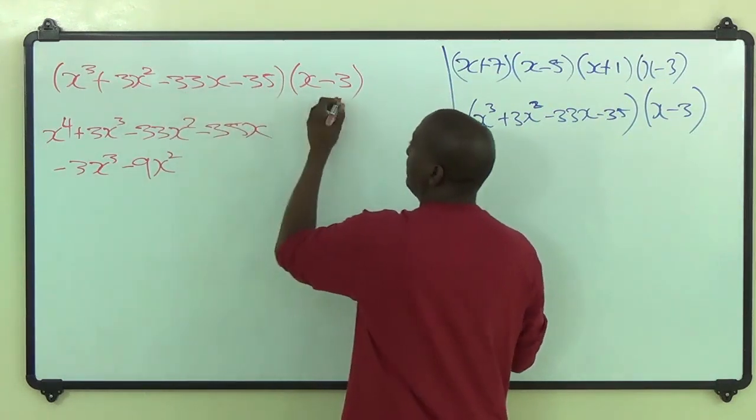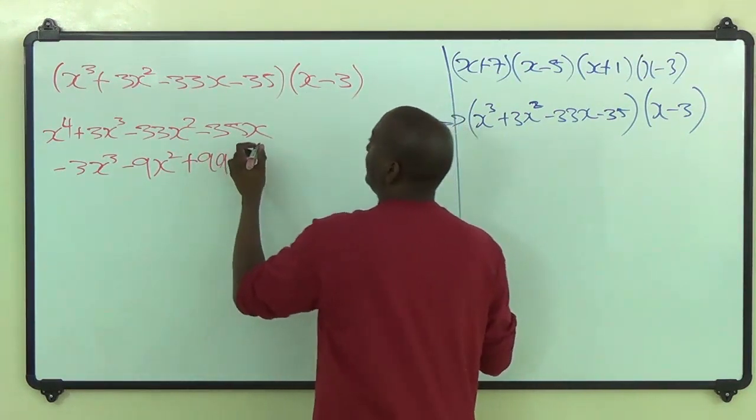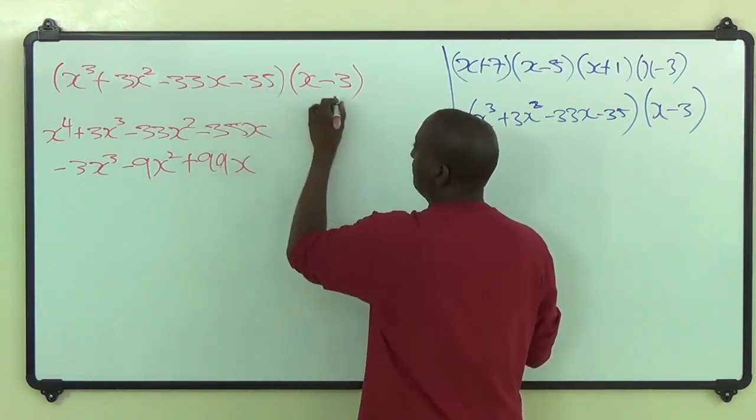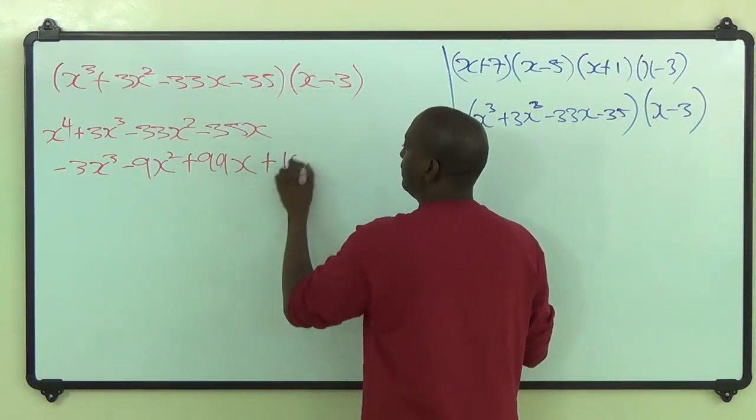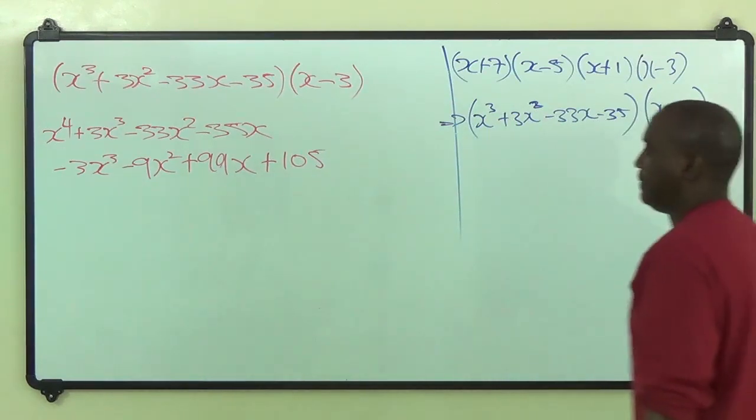Minus 33x by minus 3 is plus 99x. And minus 35 by minus 3 is plus 105.